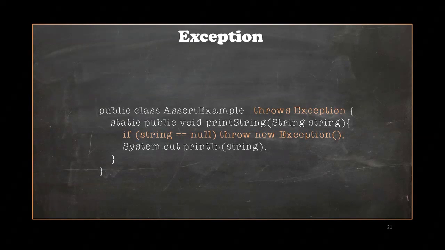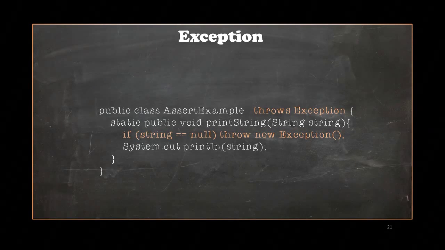An exception, on the other hand, public class AssertExample, throws Exception. Now, if you want to ensure, so somewhere you have no control over whether or not string is going to be null, you want to throw a new, actually this is a bad example, this should be a runtime exception, throw exception.